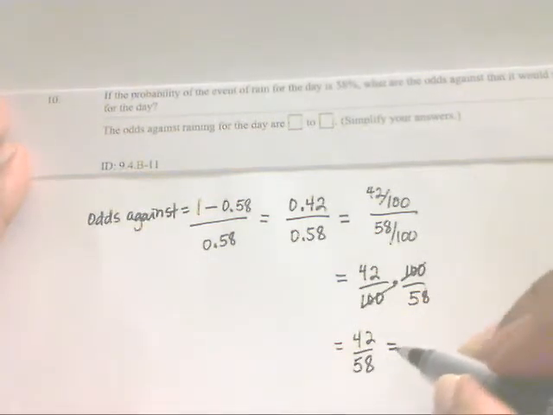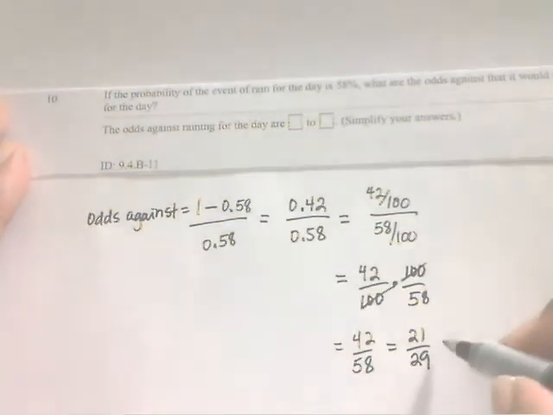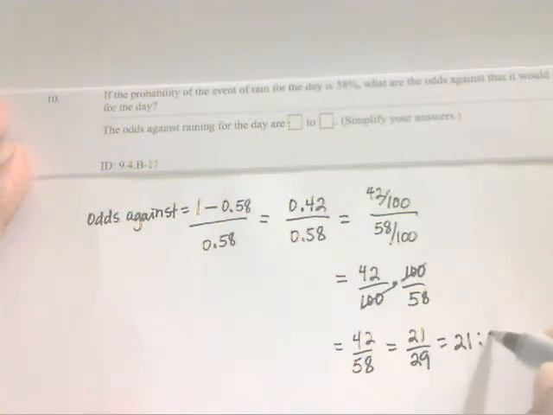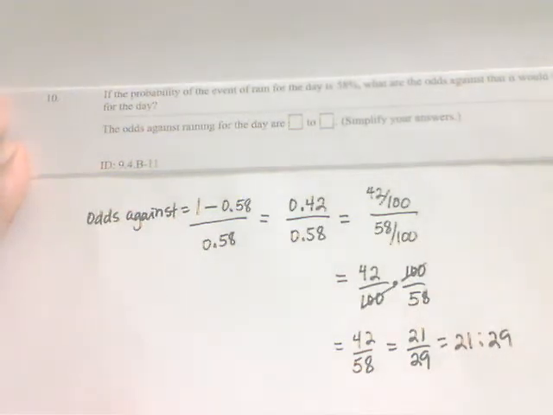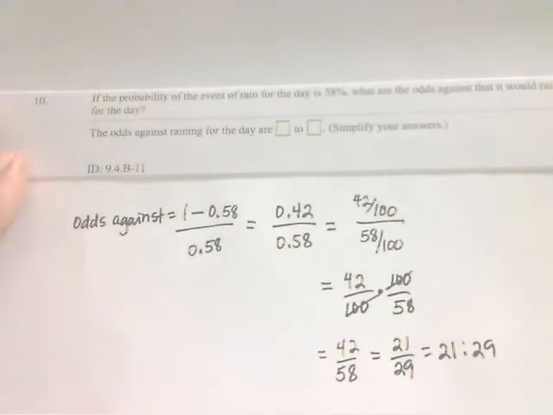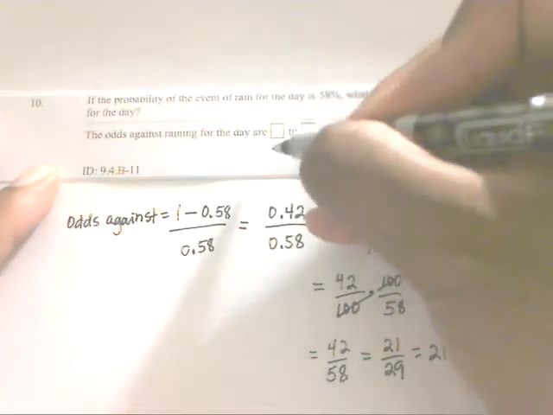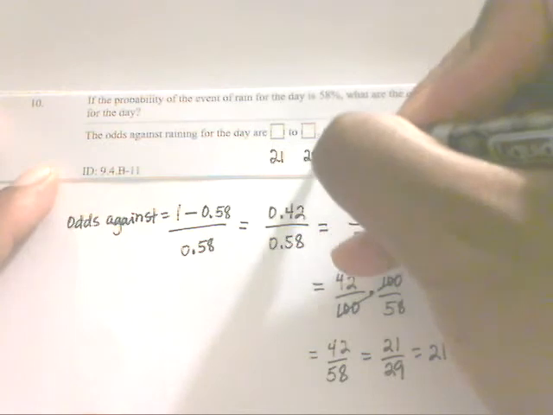And this can be reduced by dividing the numerator and the denominator by 2, so it'll be 21 over 29. And as the ratio, it'll be 21 to 29. Okay, because they want us to simplify the answer. So the odds against raining for that day will be 21 to 29.